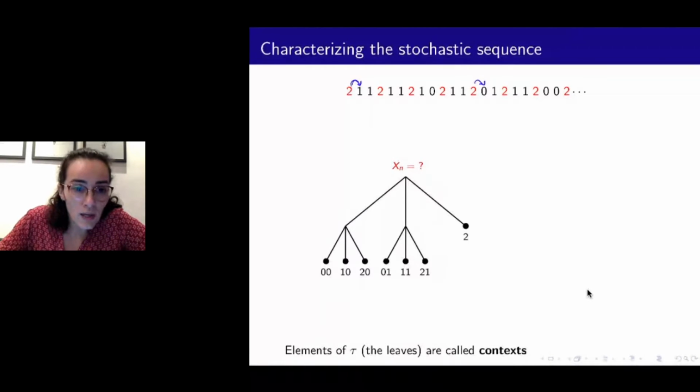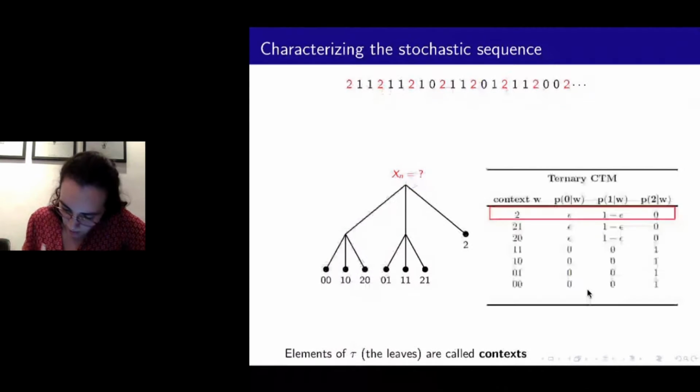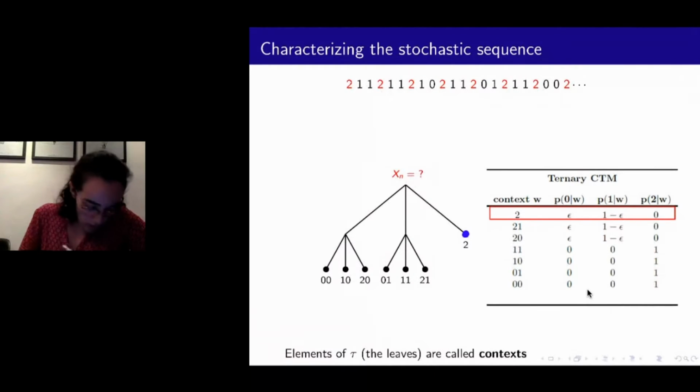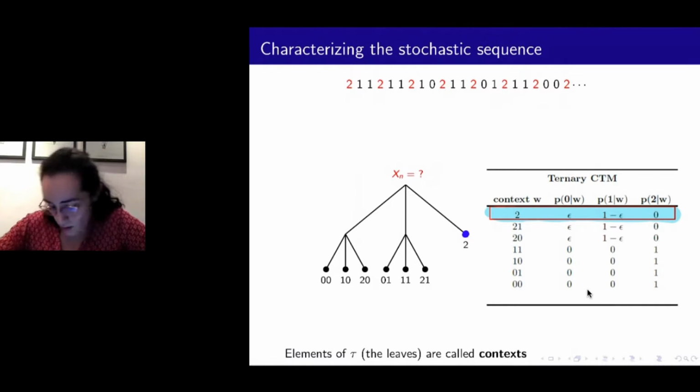But in both cases, you know what to expect, right? So you know how to generate, at least from a probabilistic point of view, what is going on in the next step. The probability of having a 0 after a 2 is epsilon. The probability of having a 1 after a 2 is 1 minus epsilon.